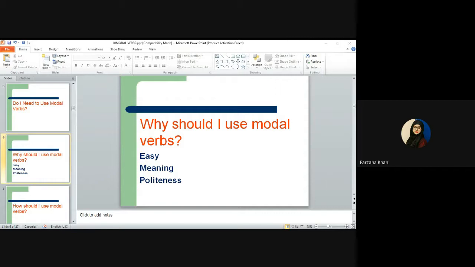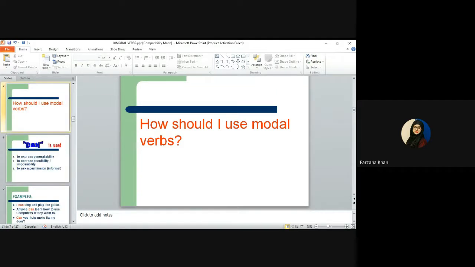By using modal verbs, you are able to express tone in meaning that you wouldn't be able to otherwise. And lastly, you can add politeness. You can make your requests, your questions, and your suggestions more polite by using modal verbs, because there are certain modal verbs which can make your speech polite. And I am 100% sure that you are now thinking, how should I use modal verbs?